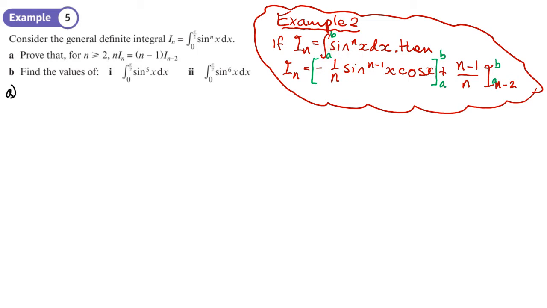Right, so we have I sub n is equal to the integral between 0 and pi over 2 of sine n, not sine squared, sine to the power n x dx.